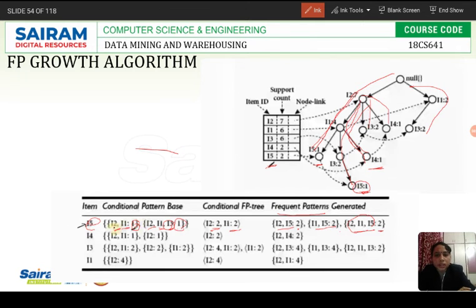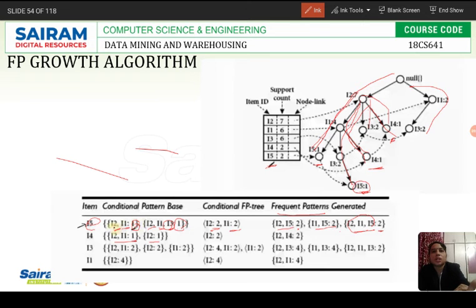Yes, here it is. Then another I4 is here, I4, I1. So there are two paths. I am writing both the paths, whichever is occurring together with item 4. That is item 2, item 1 and item 4. This is one transaction. Then item 2 and item 4. This is the second transaction.